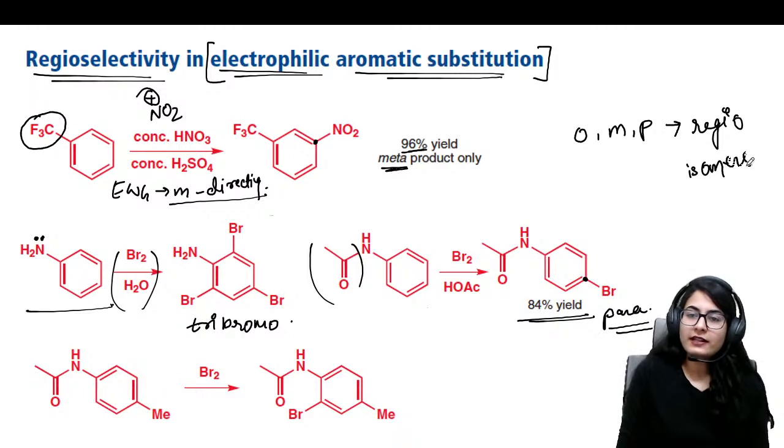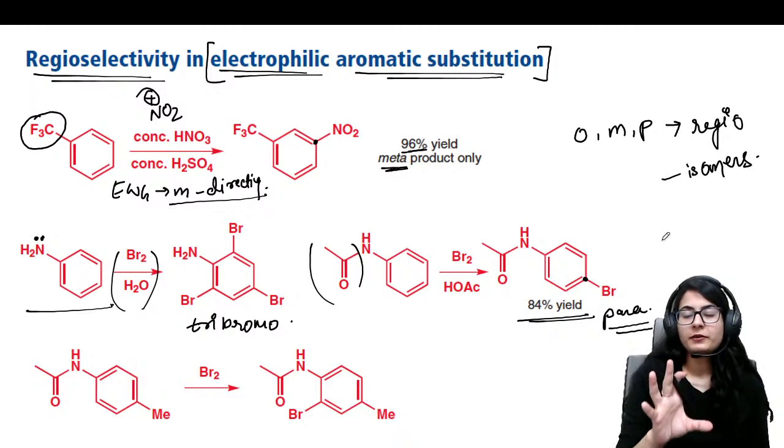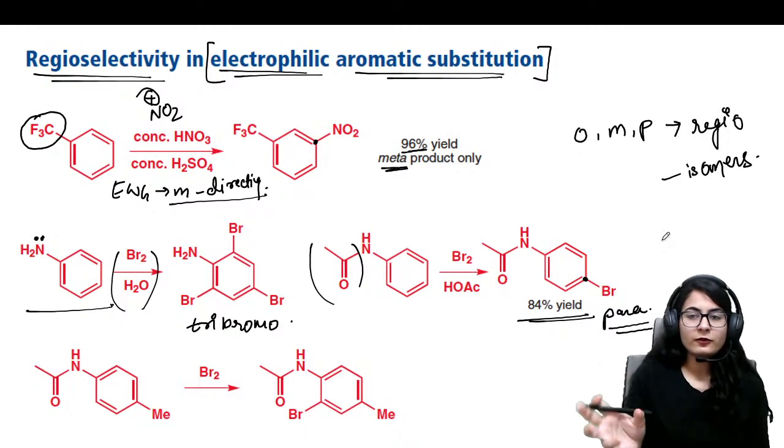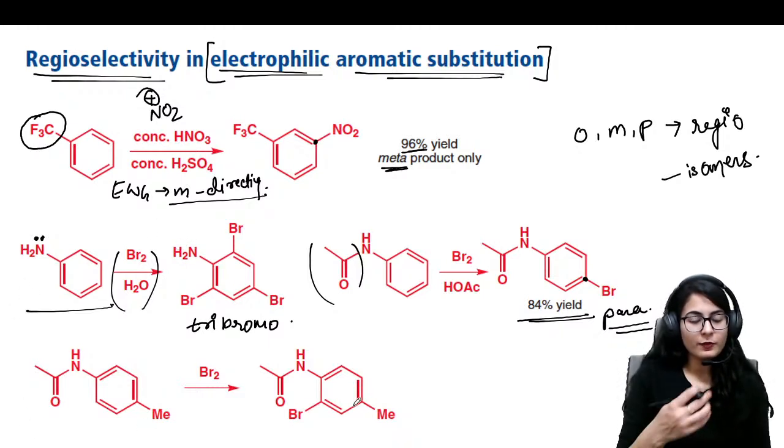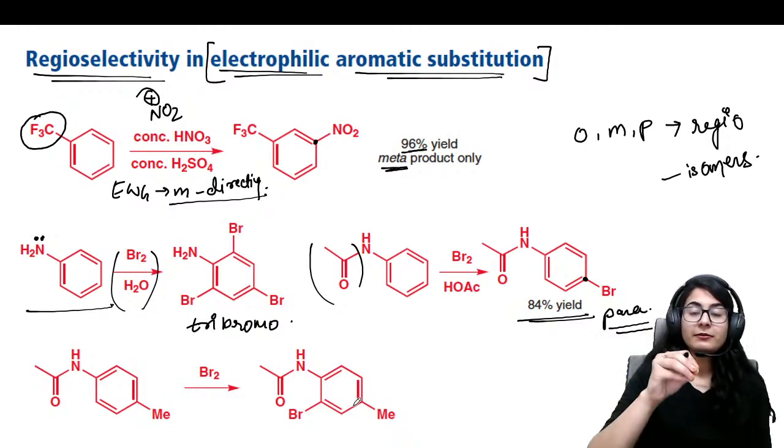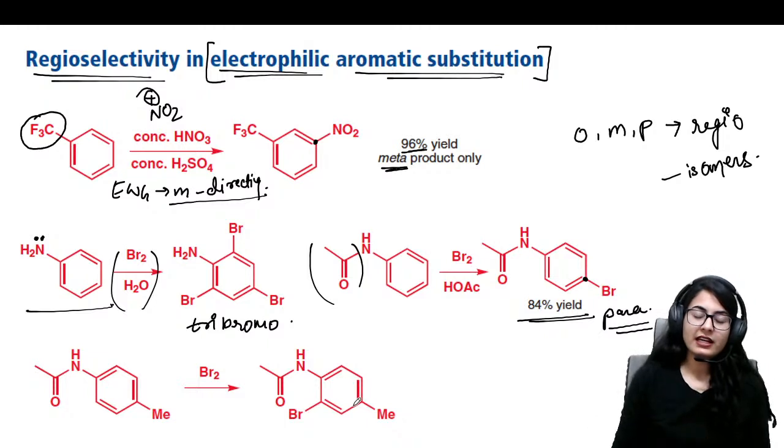They are all regioisomers of each other and they are obtained by different sets of reaction conditions and the directing group. Yes, absolutely. Okay. So whatever reactions we carry out, whatever selectivity we induce, sometimes we induce selectivity, right?